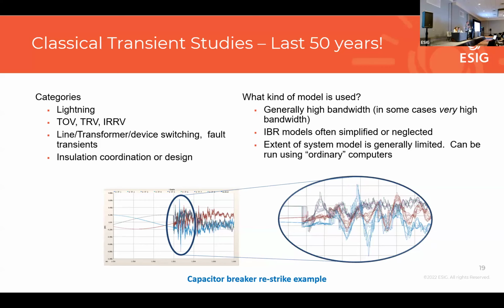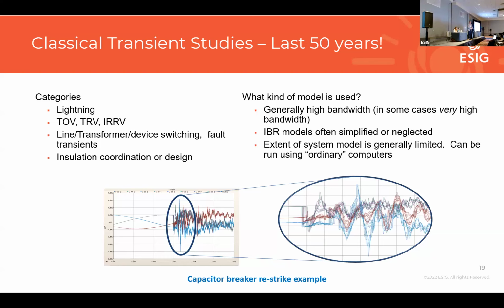These are very fast events that utilize extremely small time steps, even by EMT standards, to capture these phenomena. So, very high bandwidth, and they're intended for a particular application like insulation coordination. The runs are usually very short periods of time.